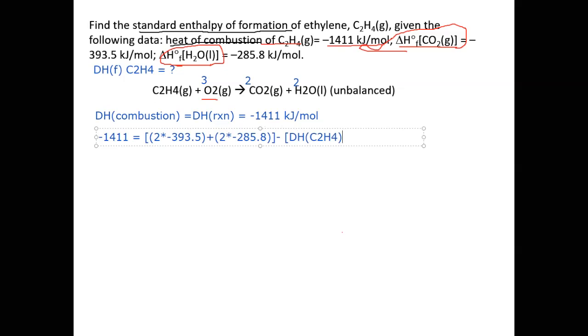Because remember, O2 is 0. So something minus 0 is still something. So now we need to solve for the delta H of C2H4. So let's rearrange some things here. Or let's simplify. Negative 1411.